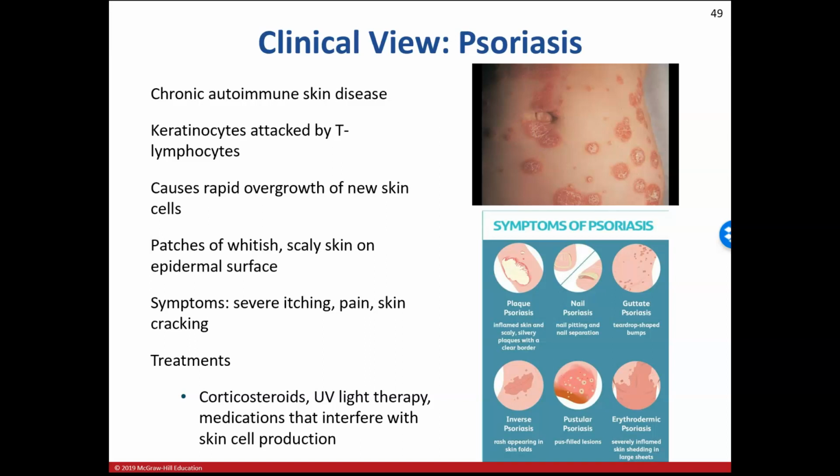Symptoms would include severe itching, pain, and skin cracking. And treatments would include corticosteroids, UV light therapy, and medications that interfere with skin cell production. And there are some other symptoms that we're going to see based on the type of cirrhosis that is affecting the individual.